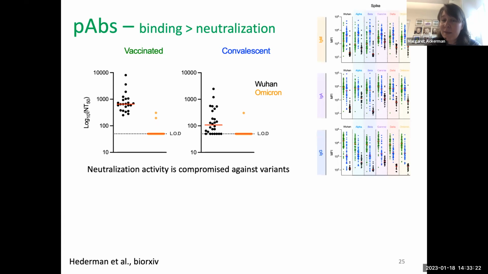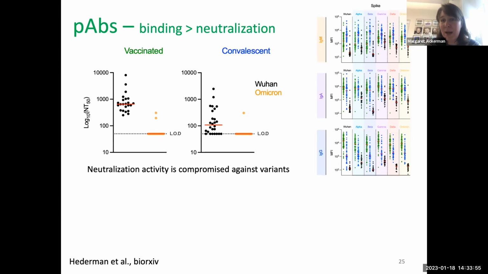And what's shown at the right, though, are binding antibodies. These are at whole spike extracellular domain. In the top row, IgMs, in the middle, IgAs, and in the bottom, IgG, and these are serum antibodies. The vaccinated subjects are shown in green, convalescent subjects in blue, and naive subjects illustrated in black across a panel of spike variants. And what you can see is that the binding antibody responses are conserved.